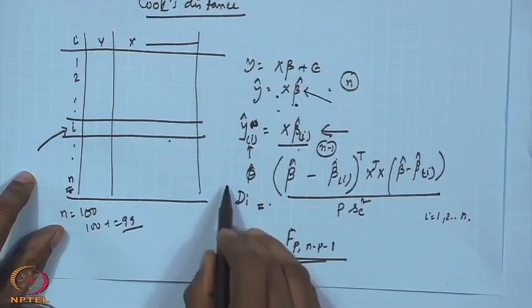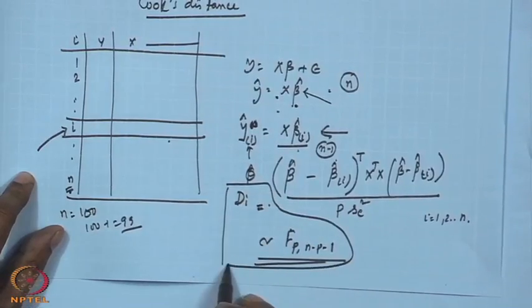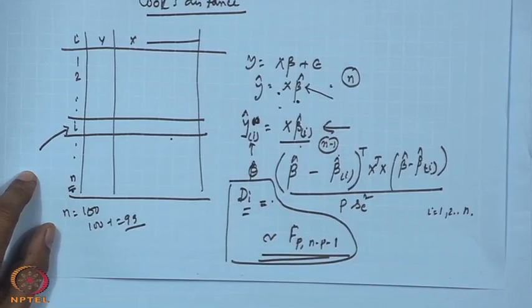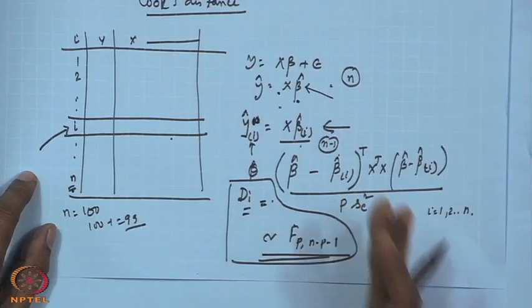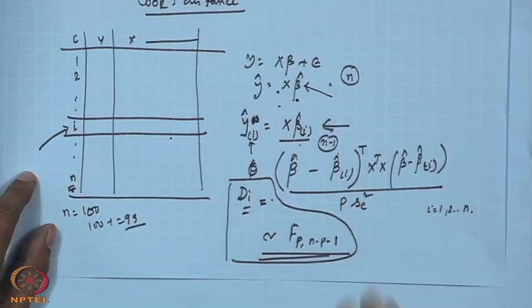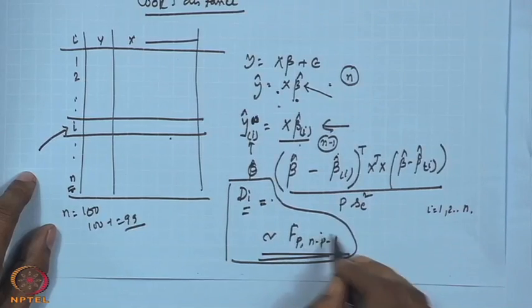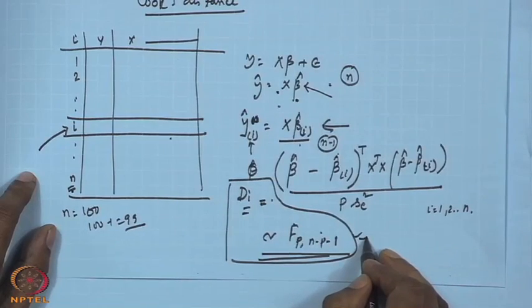So as a result, using this, can you not find out which is the influential observation? It all depends on where you want to put the cutoff value, depending on the F distribution you will be able to do.